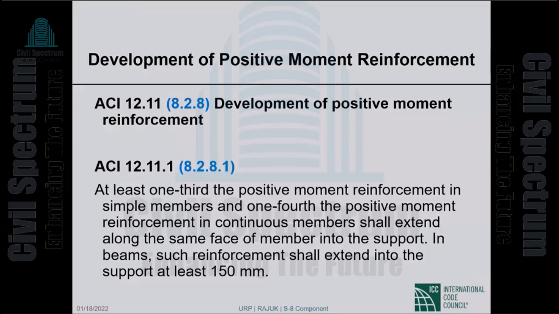So the bottom reinforcement in a beam, if it is a simply supported beam, 1/3 must continue into the support. If it is a continuous beam, at least 1/4 must continue into the support. In beams, such reinforcement shall extend into the support at least 150 millimeters.